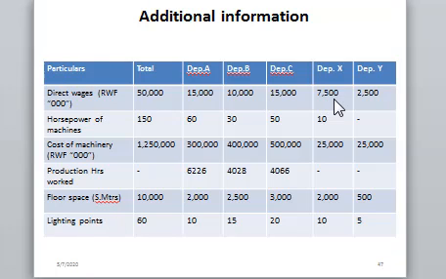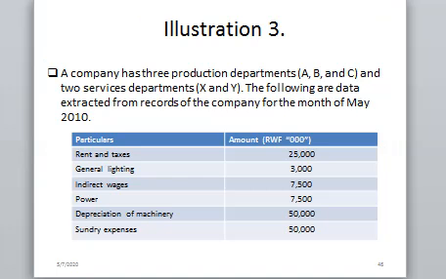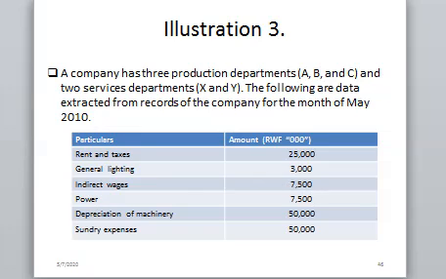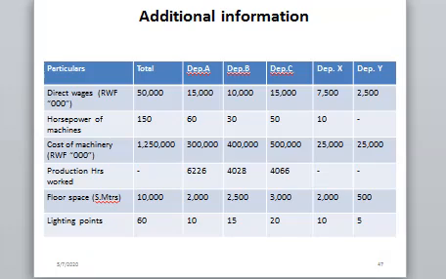You don't need to apportion. But horsepower will help you to apportion expenses for general lighting or for power. For power, you can use the horsepower to apportion.